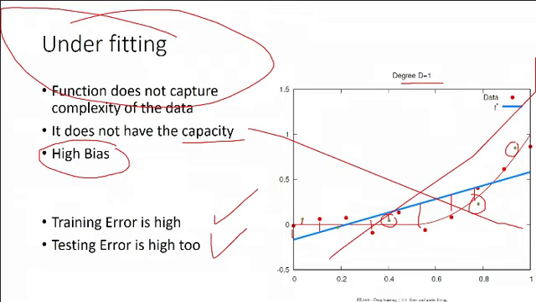I have predetermined the type of function I'm looking at. I'm not going to say it's quadratic, I'm not going to say it's cubic, I will not let the data say anything. I will decide it myself. This is my bias: my function is so rigid that it cannot totally represent my data, but I feel this is how the relationship between x and y should be.